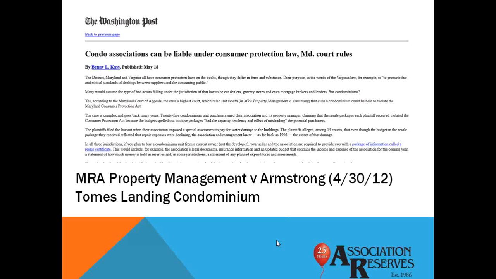And they won. So it was a $1 million lawsuit or a judgment against the association. It's a key case that makes it very clear that the association itself is responsible to put out quality, accurate information to its owners and prospective owners.